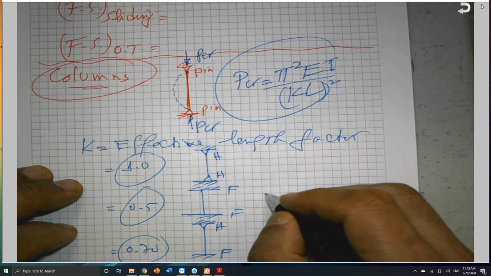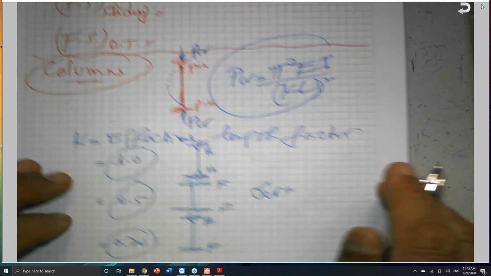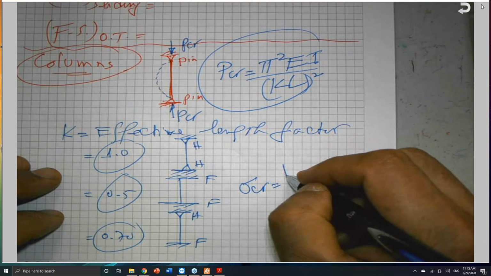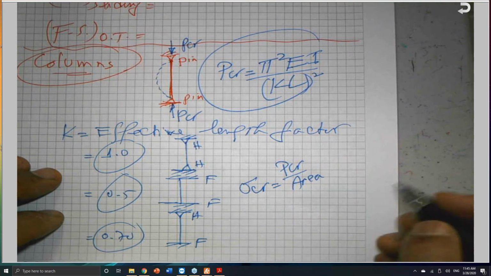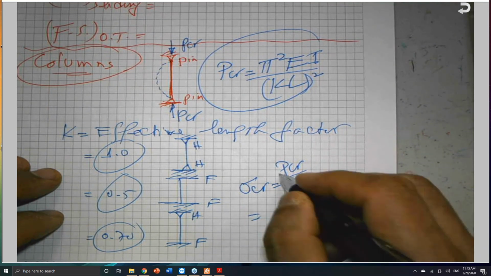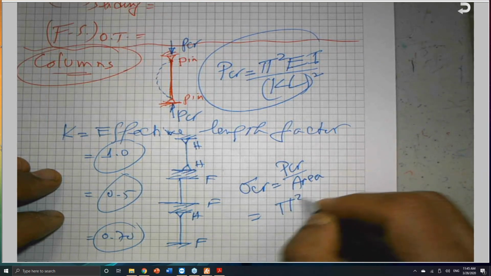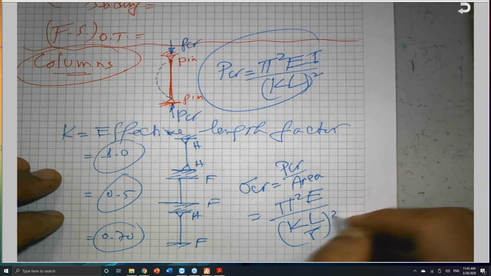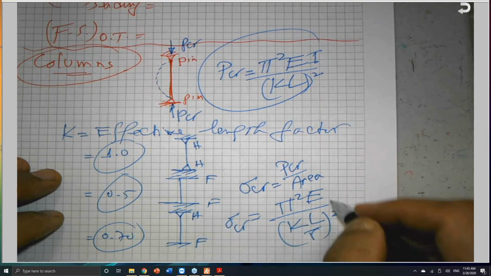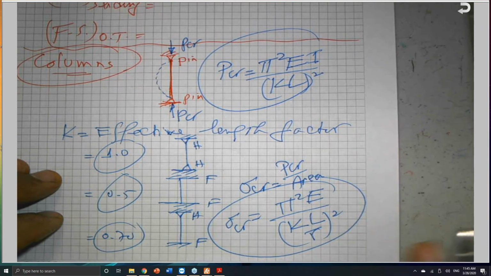The second equation is the critical stress, sigma critical, which is basically P critical over the area, because sigma is equal to P over A. So we can simplify this equation as pi squared E divided by (KL over R) squared. You'll find this one also.